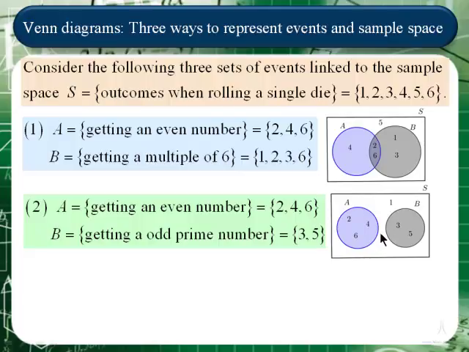So this is the second type of situation that we can get, where 2 events have nothing in common. Remember, the first one they had something in common, here they have absolutely nothing in common.